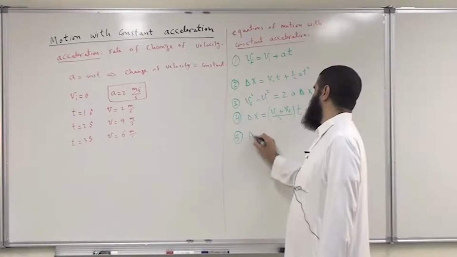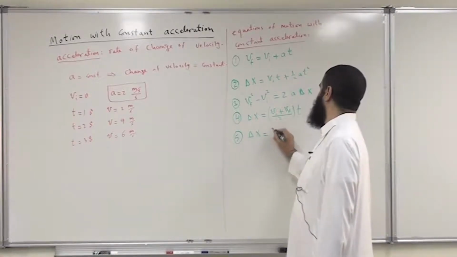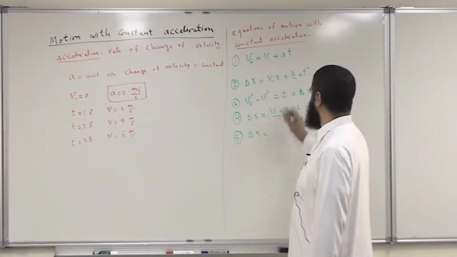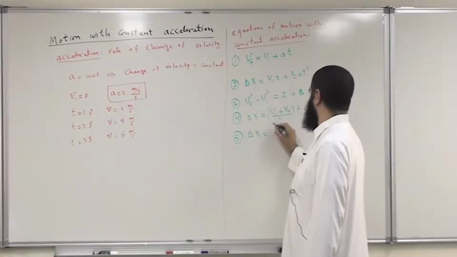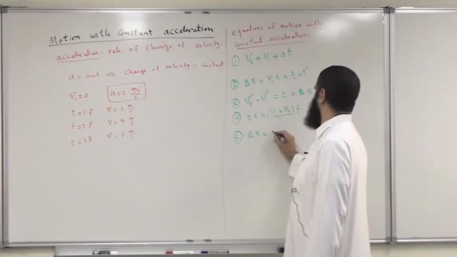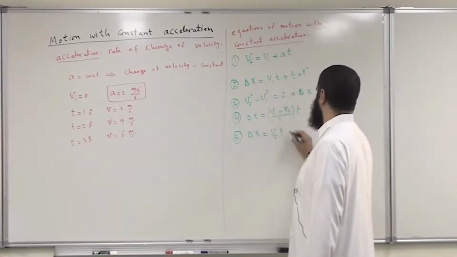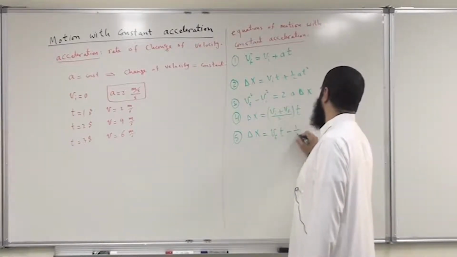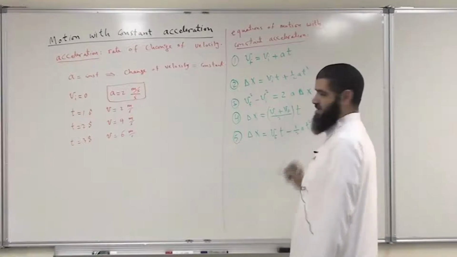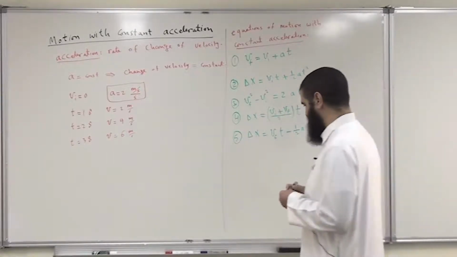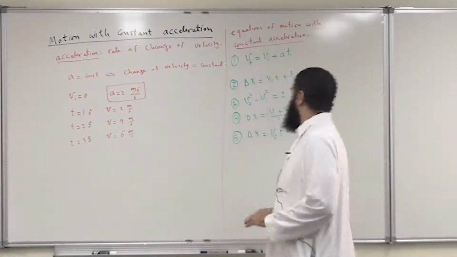The fifth equation, delta x equals, it is similar to equation number 2, except that we replace v initial with v final and we replace the plus sign with a minus sign: delta x equals v final t minus 1/2 a t squared. The derivation is in the textbook.